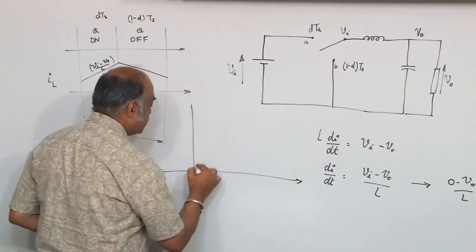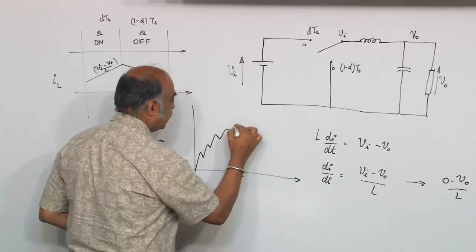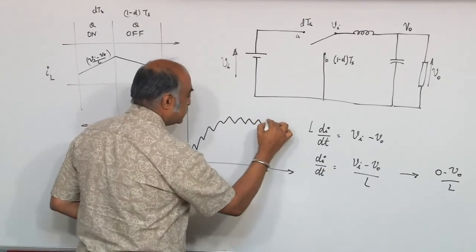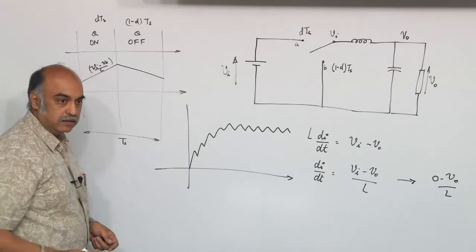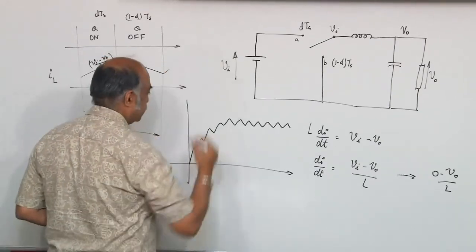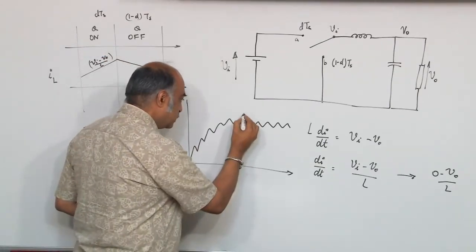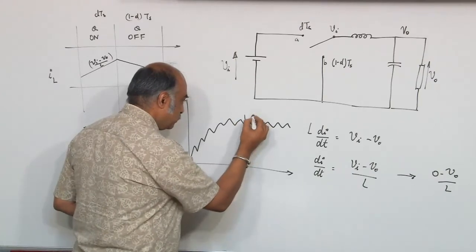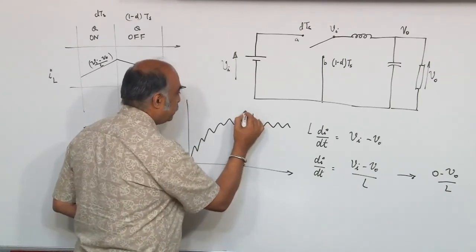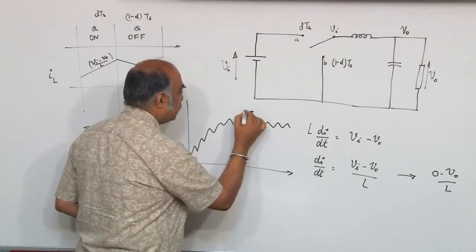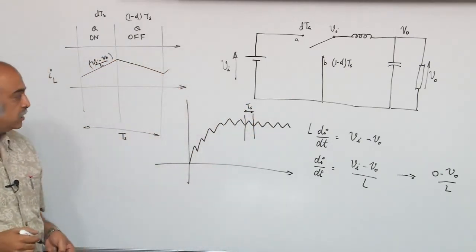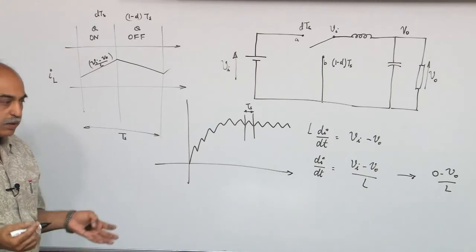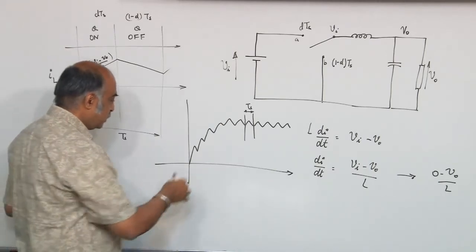Starting from 0, you start like that and then it reaches a steady state. The steady state would look like this. This again will continue in this fashion. One ripple there corresponds to a time period Ts, corresponding to the switching period or the carrier frequency.